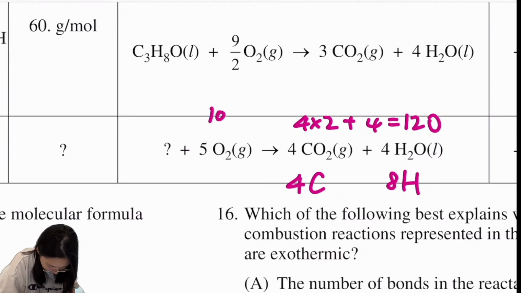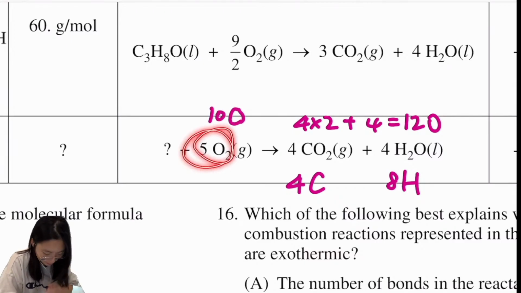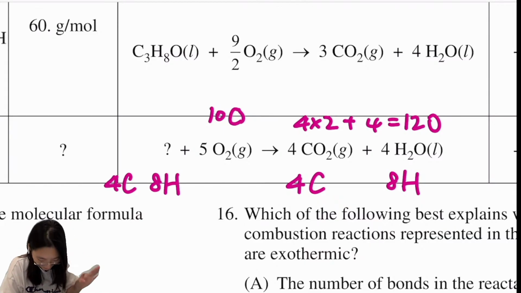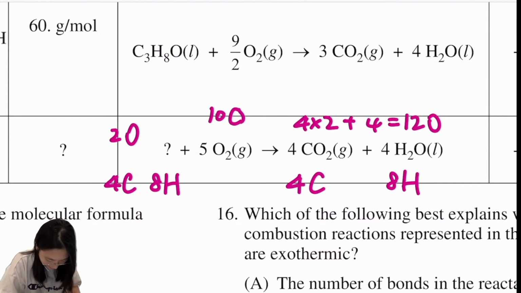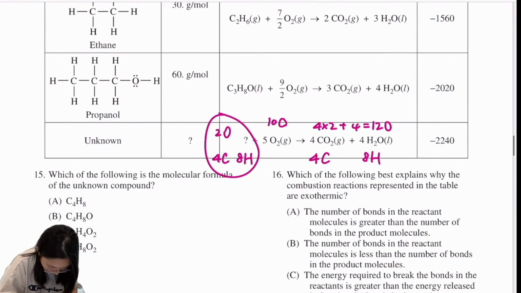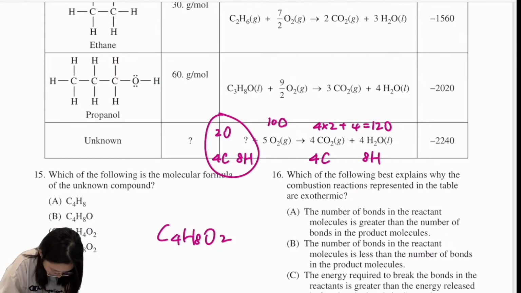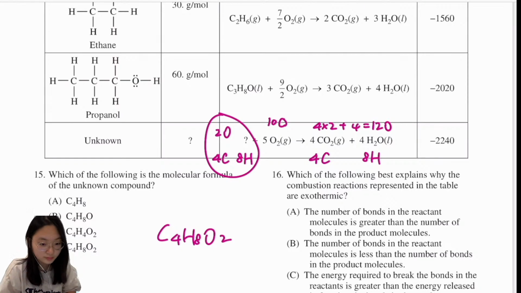I already have 10 oxygen from 5 moles of oxygen gas, which means for this unknown compound I should have 4 carbon, 8 hydrogen, and 2 oxygen. These 3 combine to form C4H8O2, which is D. Yes, D is the right one.